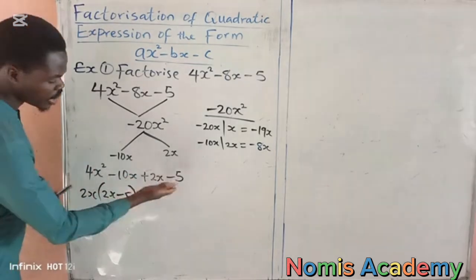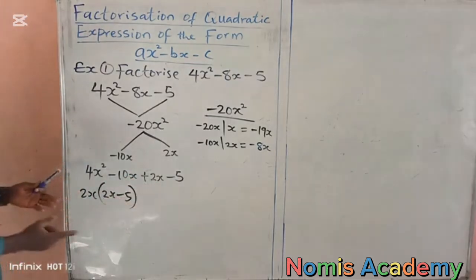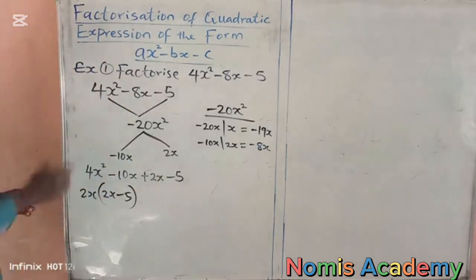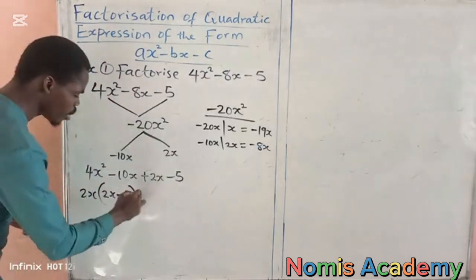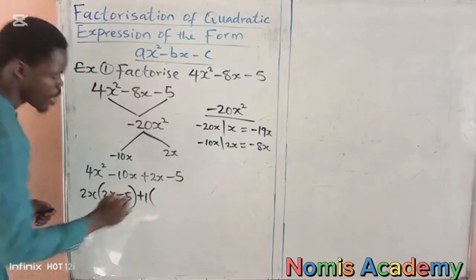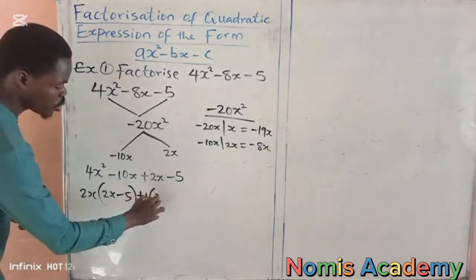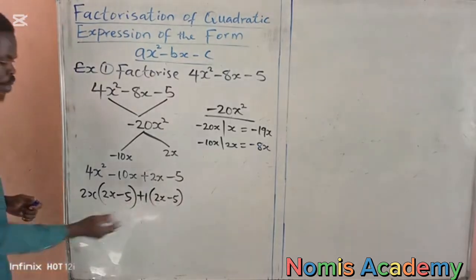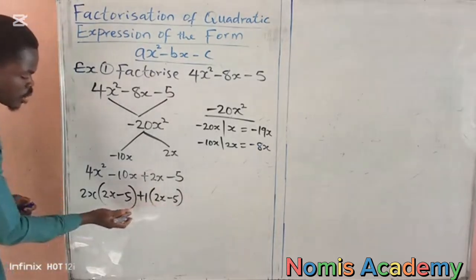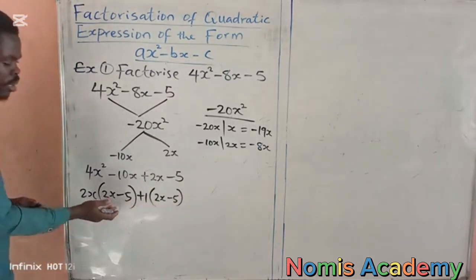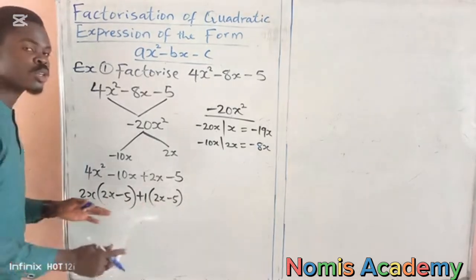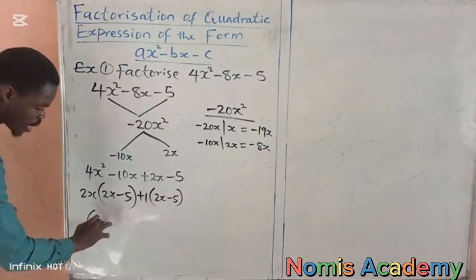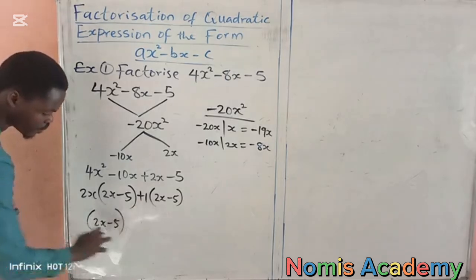Now looking at the other two terms, you can see that only one is the common factor. Only one is divisible. So we write plus 1, and that will be 2x minus 5. Now we have this bracket to be the same with this. They are both common. So we are going to pick one of the brackets, and that is 2x minus 5.